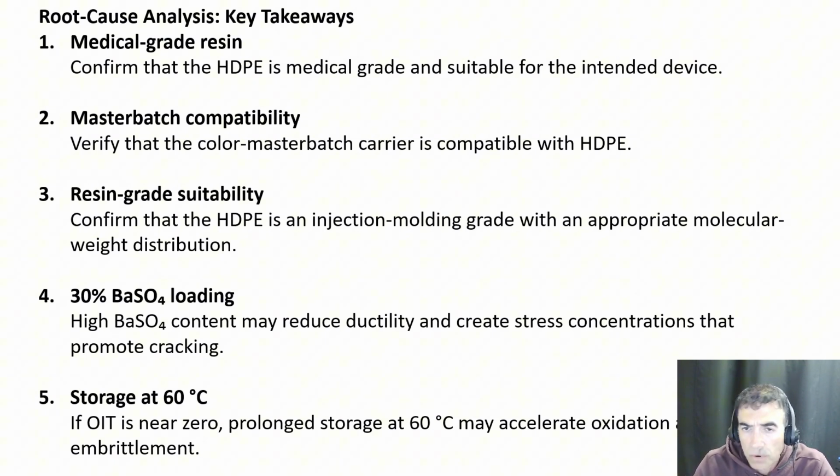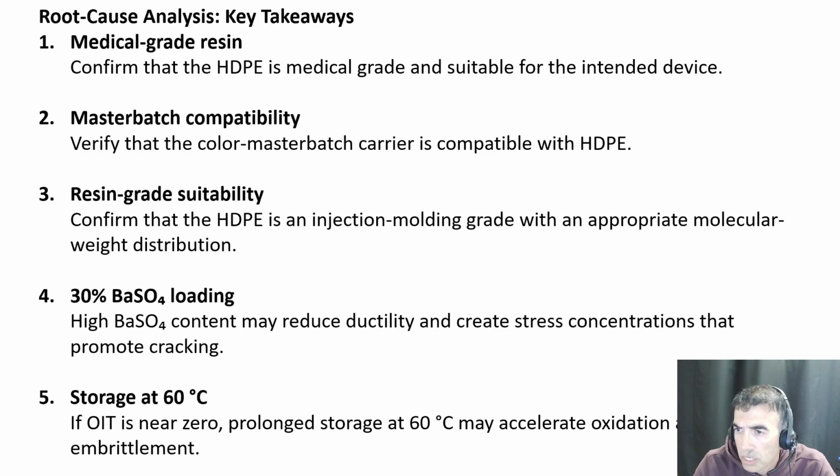The other important factor that we noticed is the barium sulfate loading. Although we did XRF testing and found that the quantity of barium sulfate was very similar for both compounds, 30% barium sulfate is high for polymers, especially for injection molding parts.